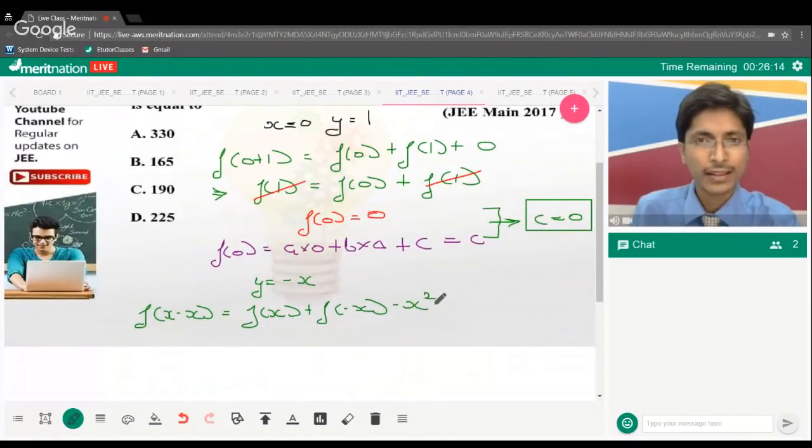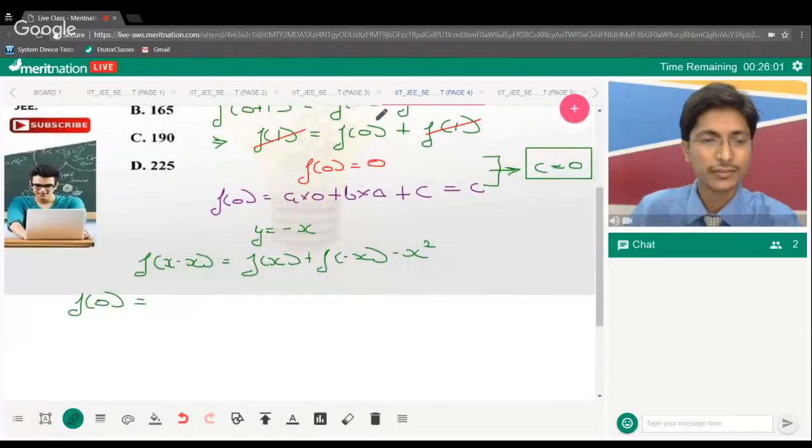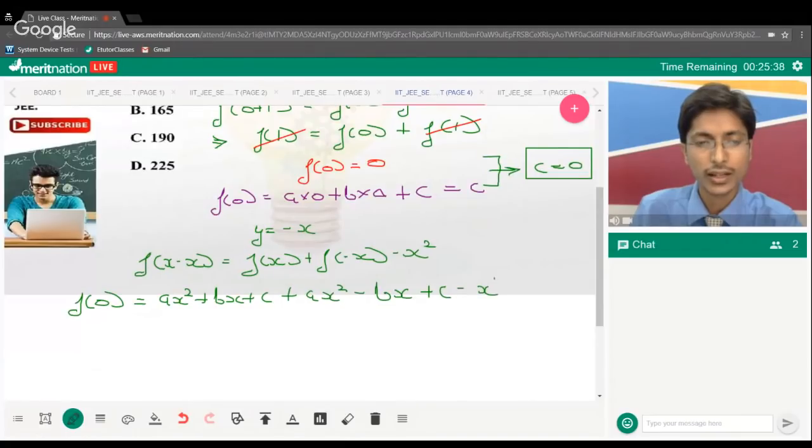Now on the left hand side, we are having f of 0, and f of x, you know that, is equal to ax squared plus bx plus c. So I have ax squared plus bx plus c, and f of minus x will be plus ax square because negative square will be positive itself, minus bx plus c, minus x square as it is.